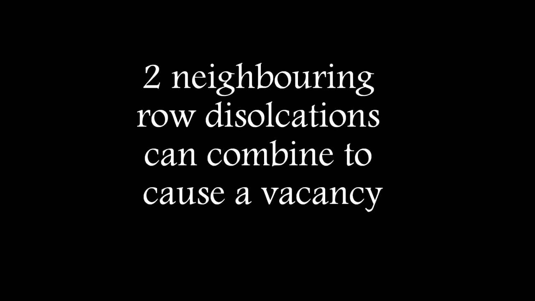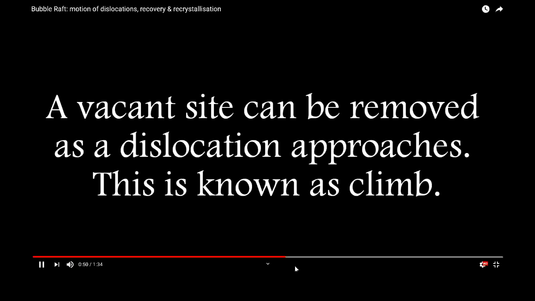Dislocations can annihilate each other too if they're opposite in direction, but that's probably more something for Max 3001. And we can also see that vacancies can be removed by dislocations of the material.